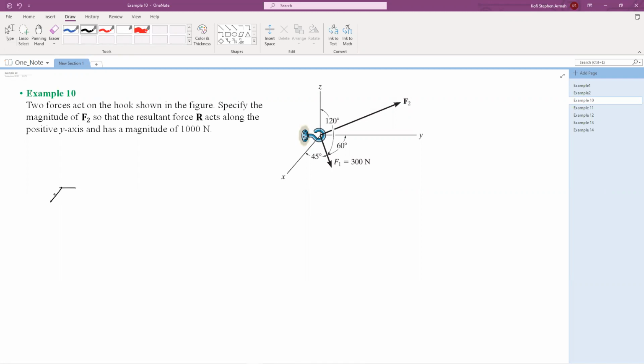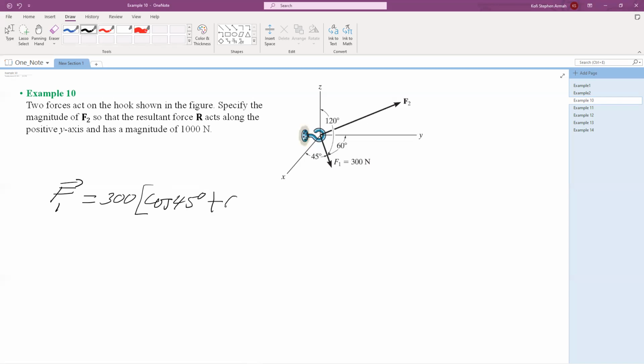So the F1 vector is the magnitude times the unit vector in the direction of that. So the unit vector is cosine alpha. Alpha is the angle it makes with the x, so the angle is 45 degrees.